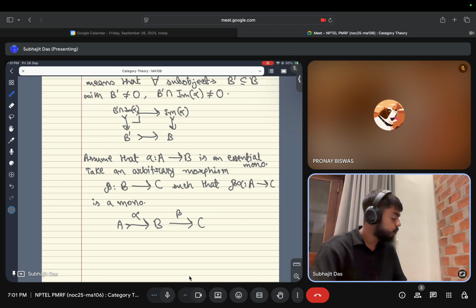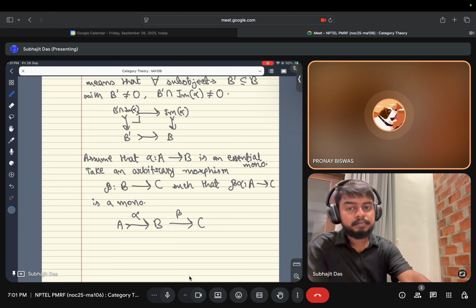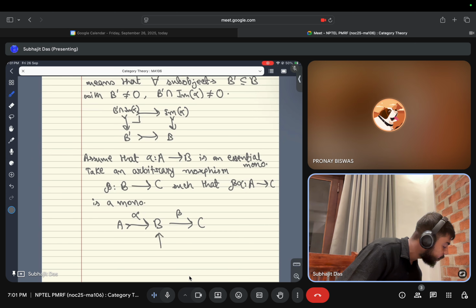Okay, so what do we do? Okay, so I'll write it in this way. Kernel is a subobject of B. Let's say this is kernel of beta.